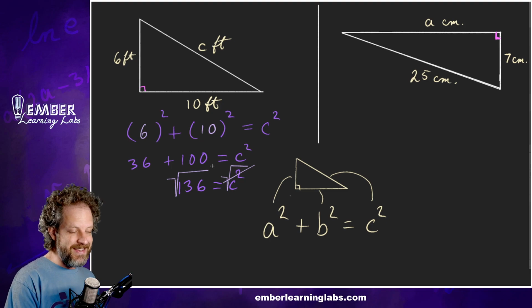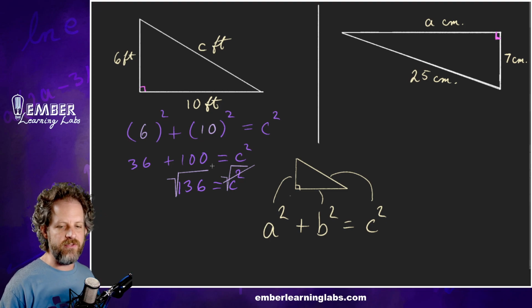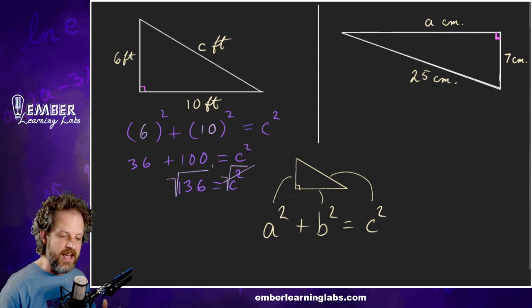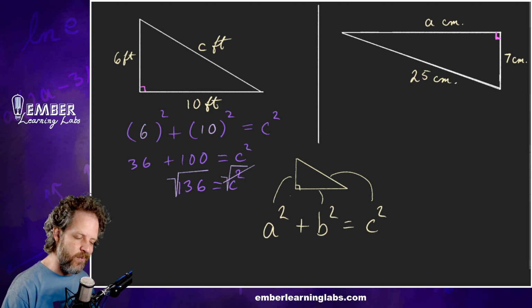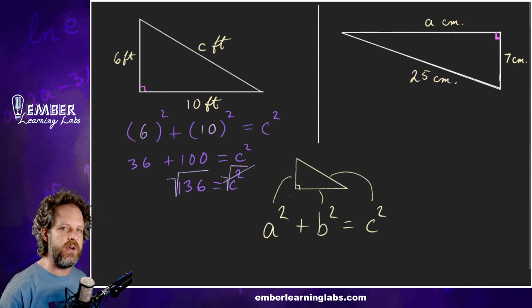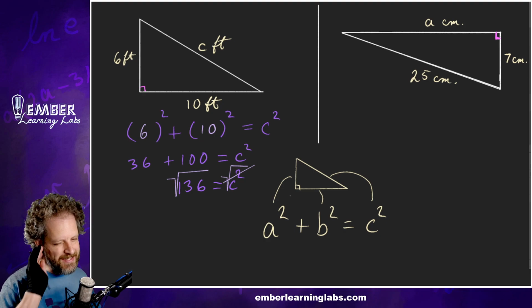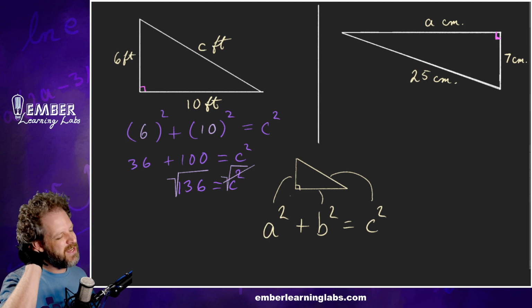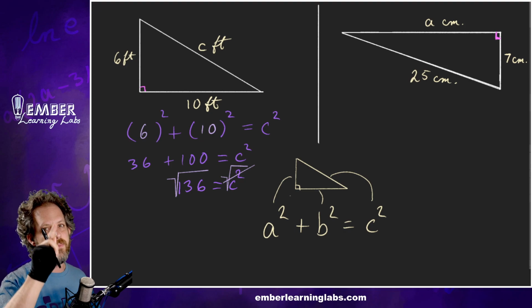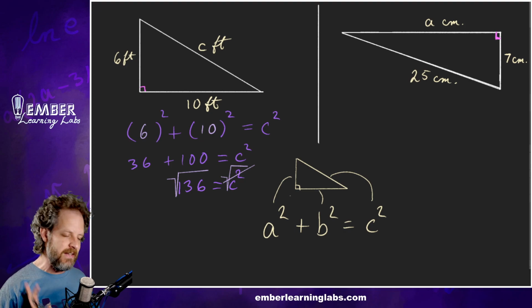Now, we're talking about distance, and distance is only positive, so we're going to throw out the negative one in this case. I don't want to confuse you at this point in the course, but just log it in the back of your brain somewhere.